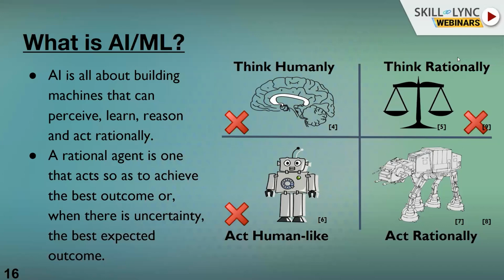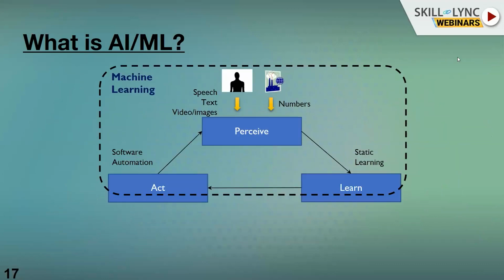So this is the gamut of artificial intelligence. As I said, there are four components here. One, you perceive the world, and then you learn from that world, and then you apply logic behind that, and then you act.